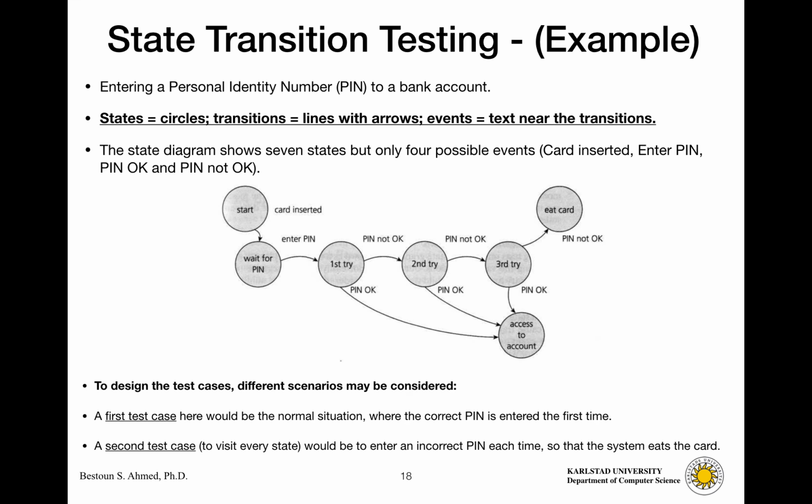We have card insert, and then enter the pin, and then whether the pin is okay or not okay, meaning that the pin of the card is correct or not. So if you want to design a test case based on this model, this state transition graph, you have two possibilities basically.